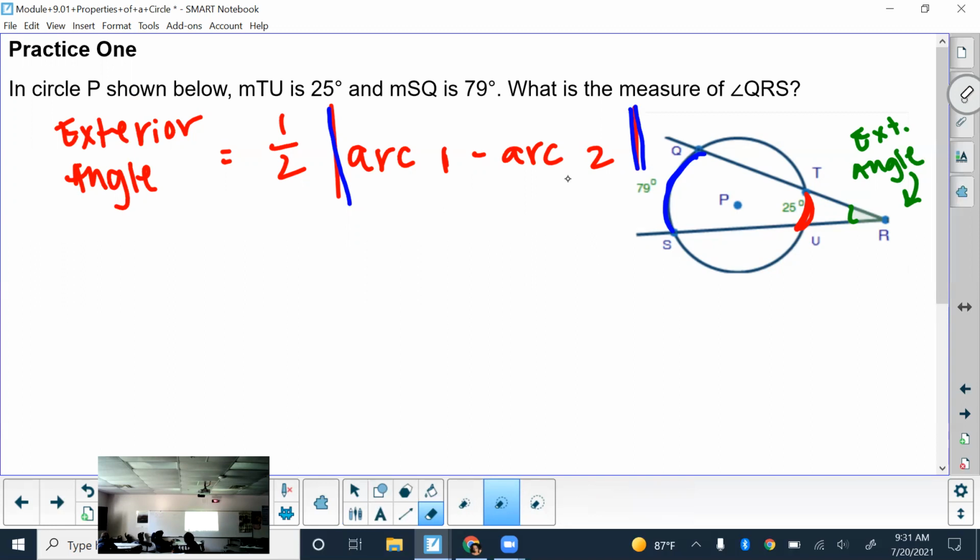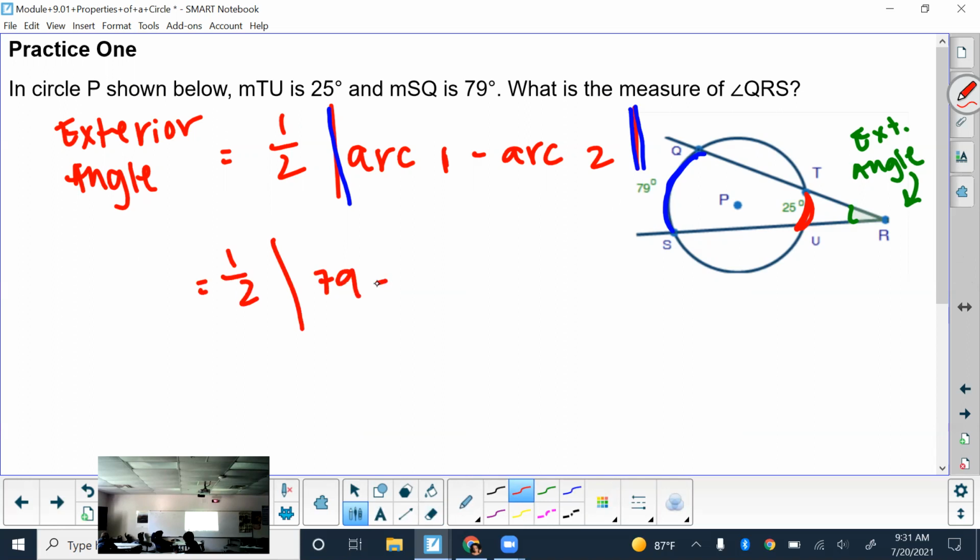Yeah. All right, so plug in what you have. The exterior angle is what we're solving for. My arc 1 is 79. Arc 2 is 25. Or you can have these reversed because the absolute value will make it positive anyway. What's 79 minus 25? 54. What's the absolute value of 54?